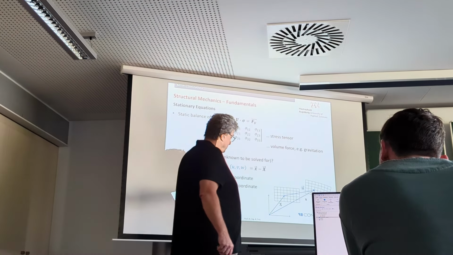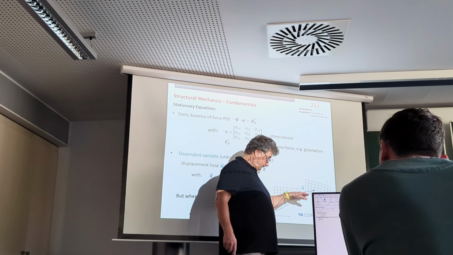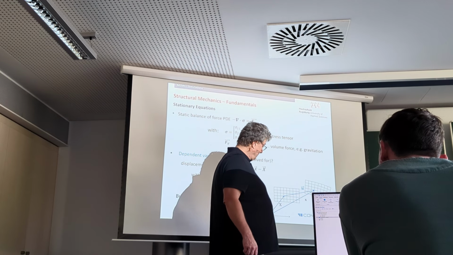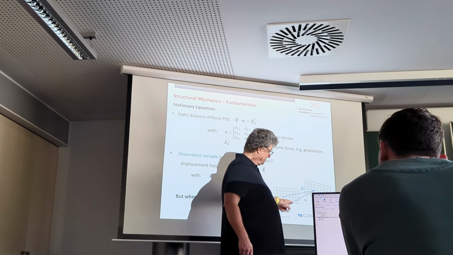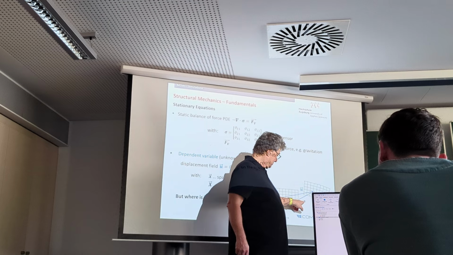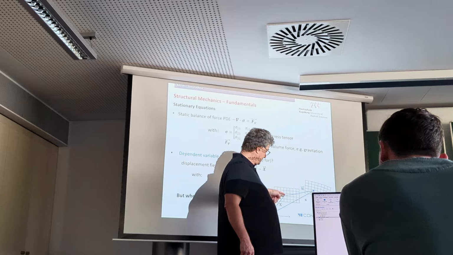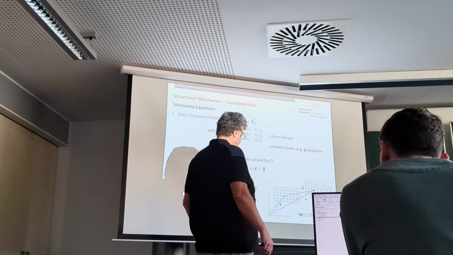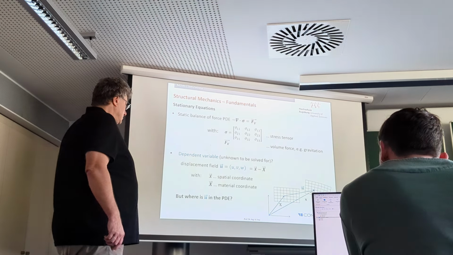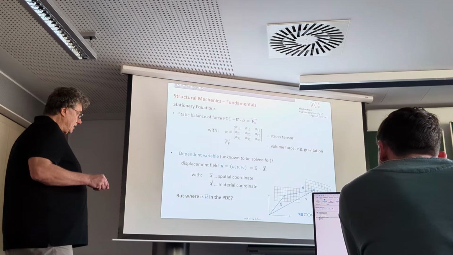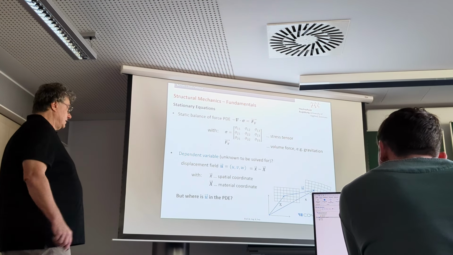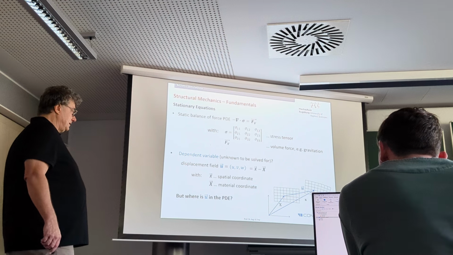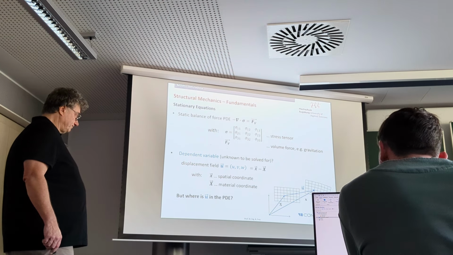And then in the deformed frame, it gets the coordinate small x. It was previously large X, gets displaced by U, ends up at small x. That is, I think, simple. There are relations between the spatial coordinate and the material coordinates.